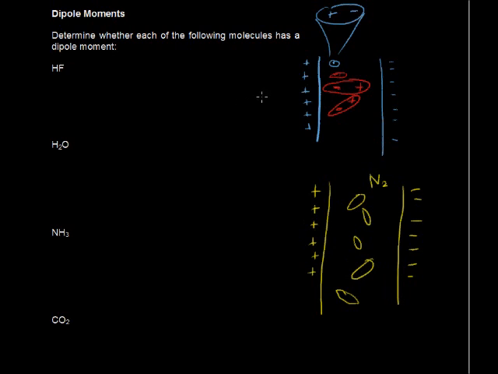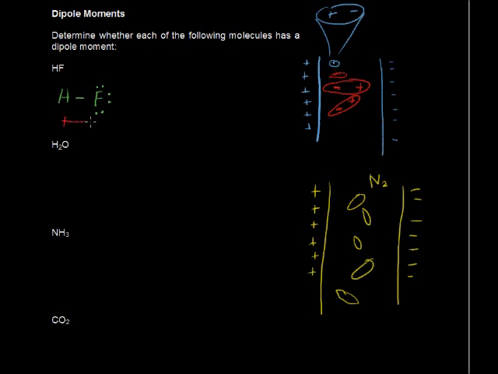That is, one side of the molecule being more negatively charged than the other. So let's look at hydrogen fluoride, HF. If you look at the Lewis structure of this, you've got H with a bond to the fluorine atom, and you've got these paired electrons on the fluorine atom, and then what you have is a vector of the dipole moment.